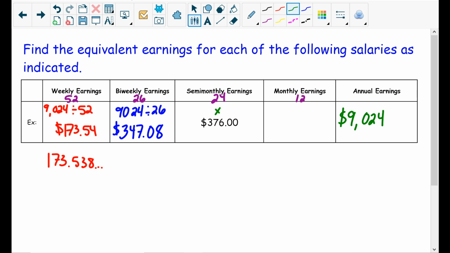And then the last one, 9,024 divided by 12 is 752. So that's calculating the different earnings given the annual. Okay, so that is your salary.